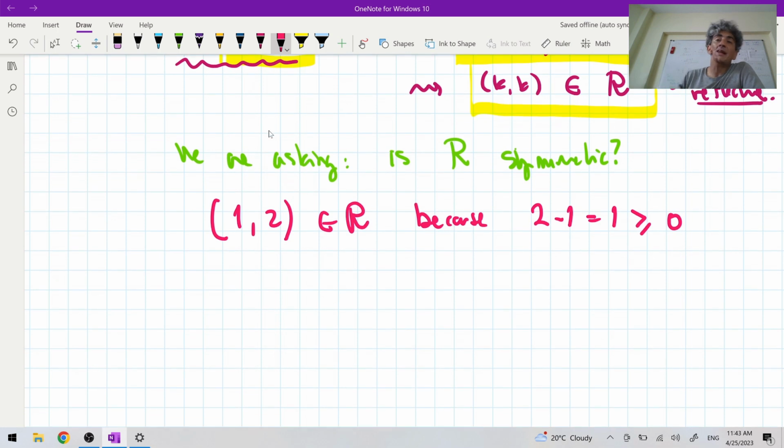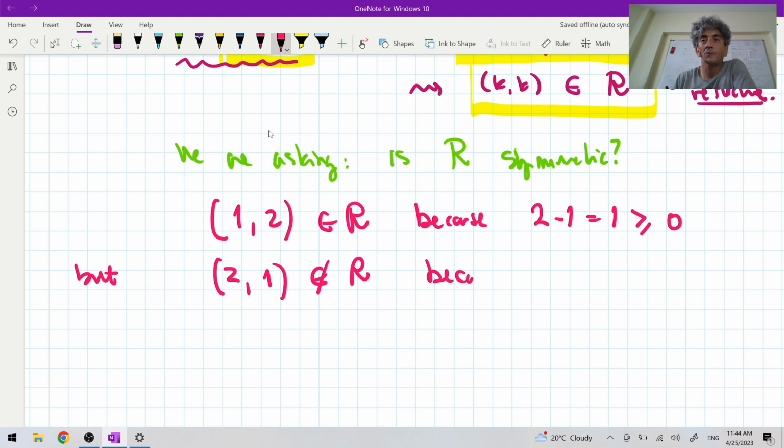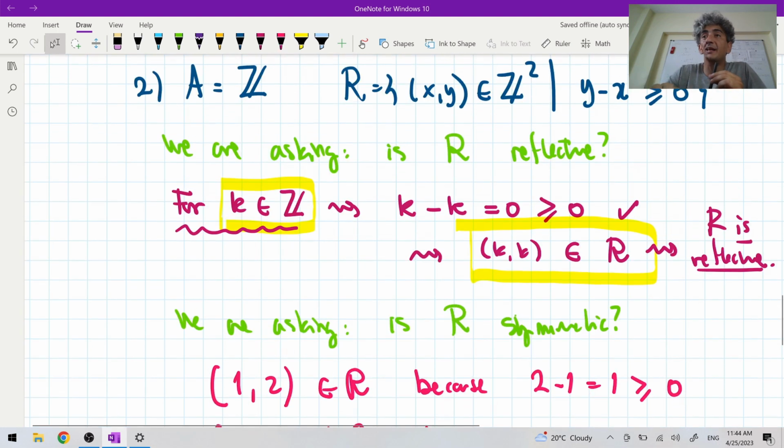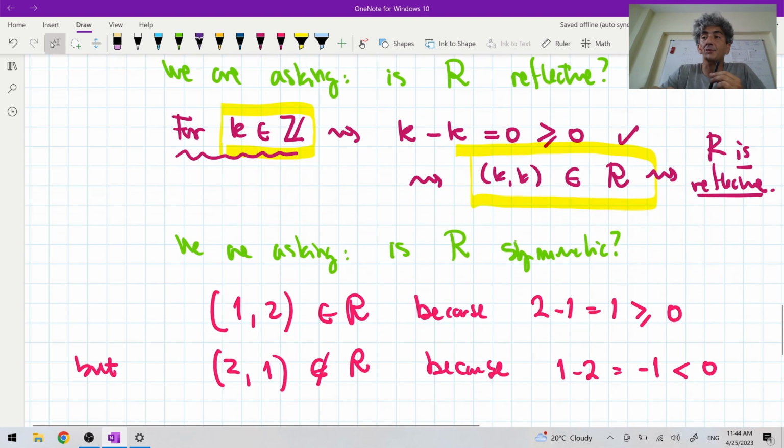But what happens when we take the opposite pair? Okay, so we see that 2, 1 does not belong to R because 1 minus 2, that's negative 1, that's less than 0. So in this case, we have a relation that's reflexive, but it's not symmetric.